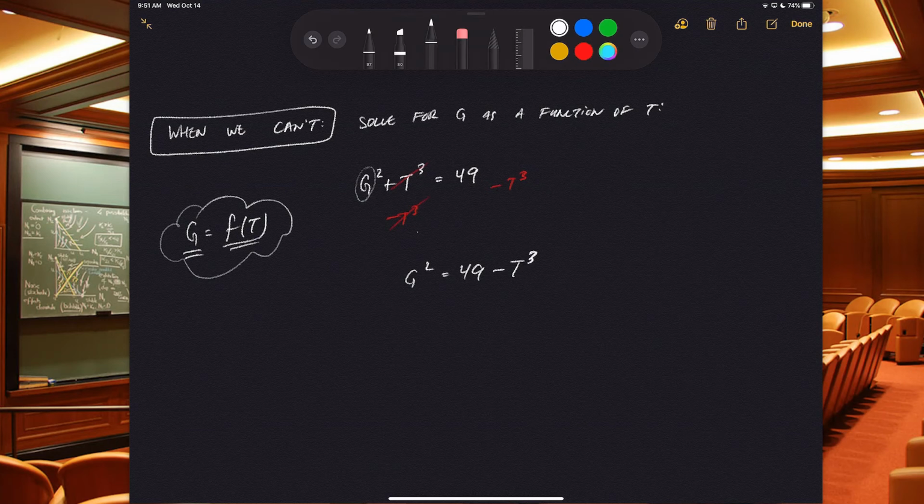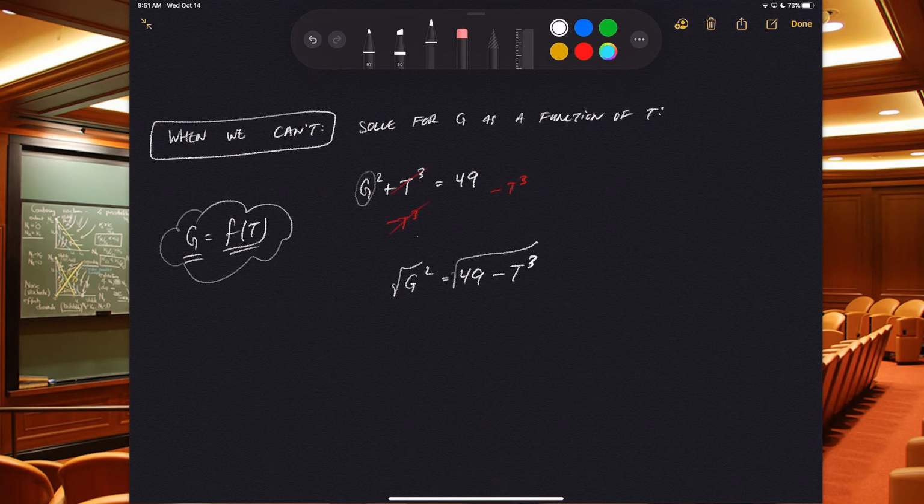And now to get g by itself, well, I have g squared, right, which is really g times g. So to undo a squaring, I would need to take the square root of both sides. And what actually happens here, if you recall, and we'll go again into more detail on this later, that since -2 times -2, which is -2 squared, this equals 4, is also the case if we square just +2.